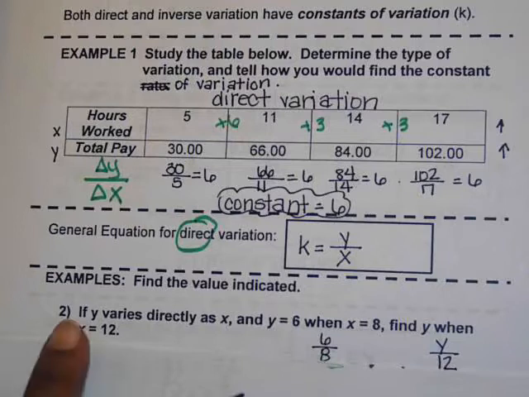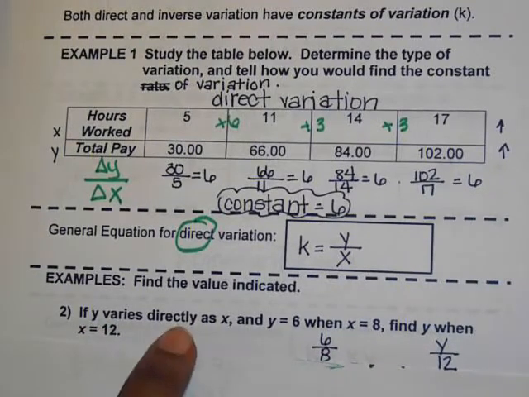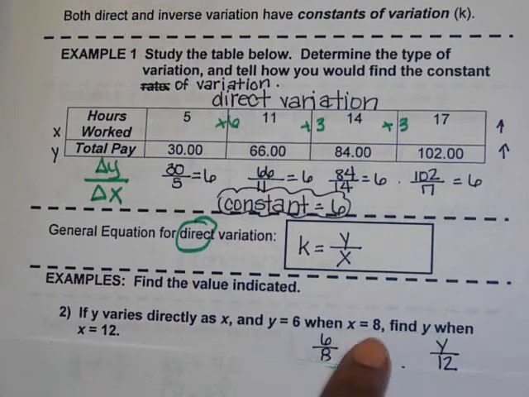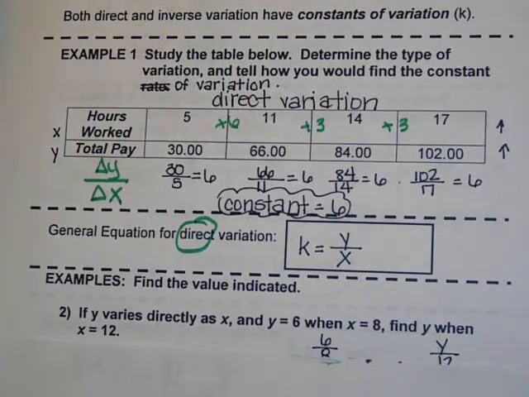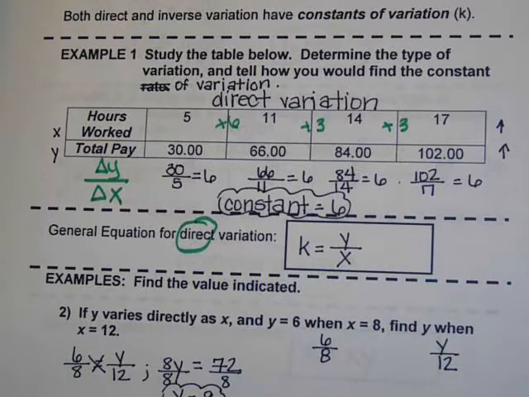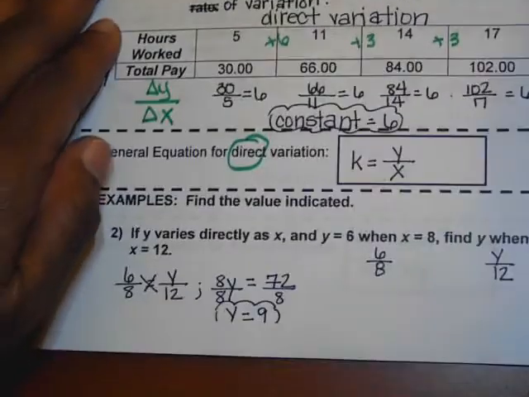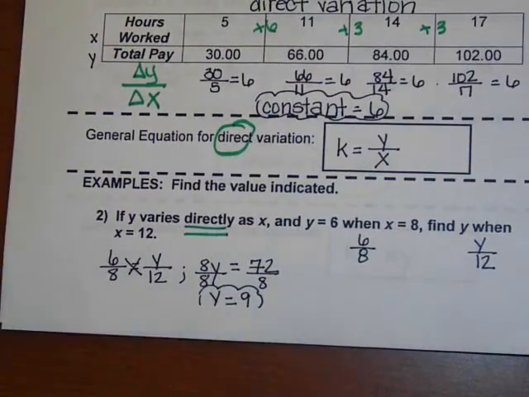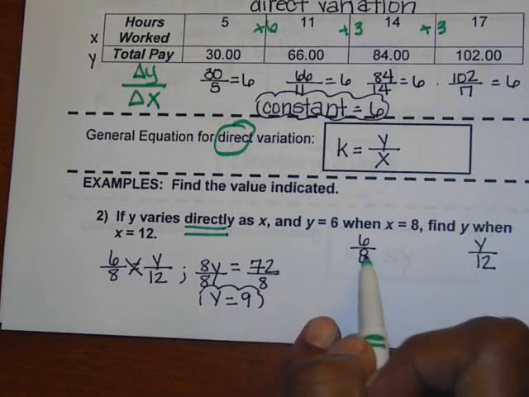So, if y varies directly as x and y equals 6 when x equals 8, find y when x equals 12. Okay, so I'm going to set my problem up. Because it says directly, that's my clue that this part right here is my k.